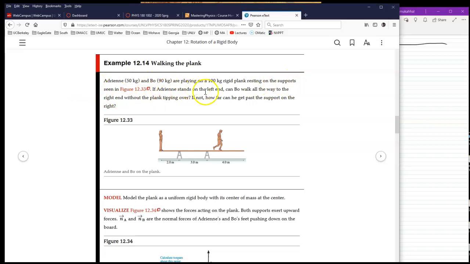If Adrian stands on the left end, so she's not moving at all, can Bo walk all the way to the right end without the plank tipping over? If not, and this is really what I'm interested in, how far can he get past the support to the right? In other words, he's asking for that value of x.